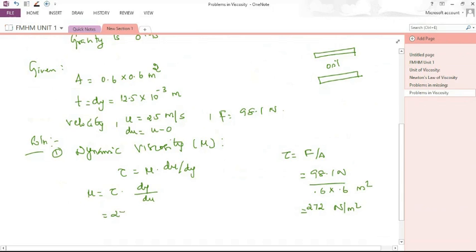Tau value is approximately 273.5 Newton per meter square, into the value of dy, which is 12.5 into 10 power minus 3 meter, divided by du, which is 2.5 meter per second.